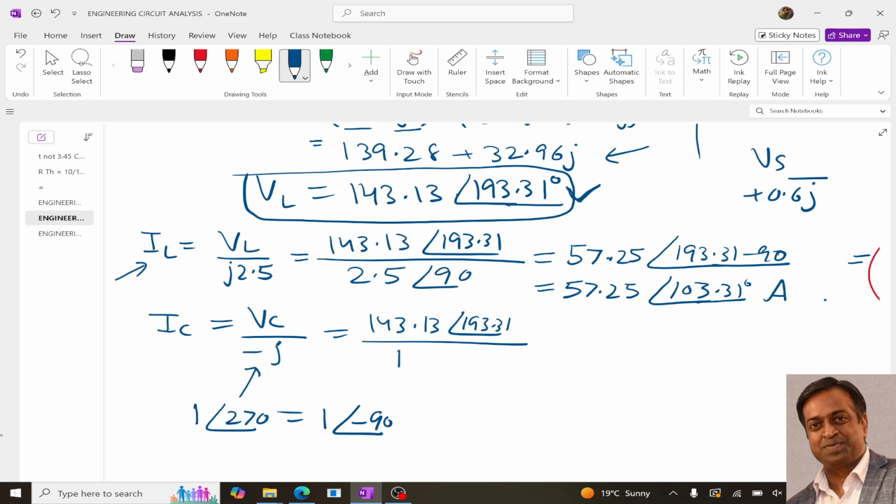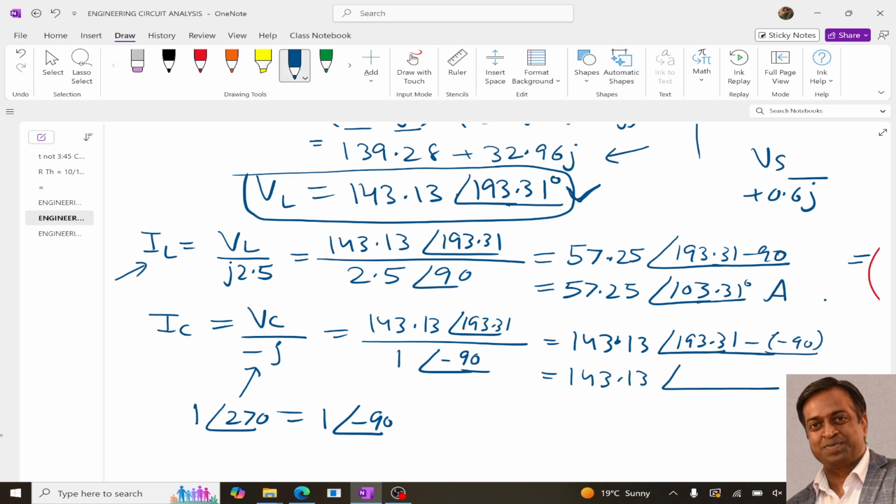So let me put minus 90, and it will be 143.13, angle will be 193.31 minus 90, so minus minus 90. So it will be 143 point, and this will be 283.31.